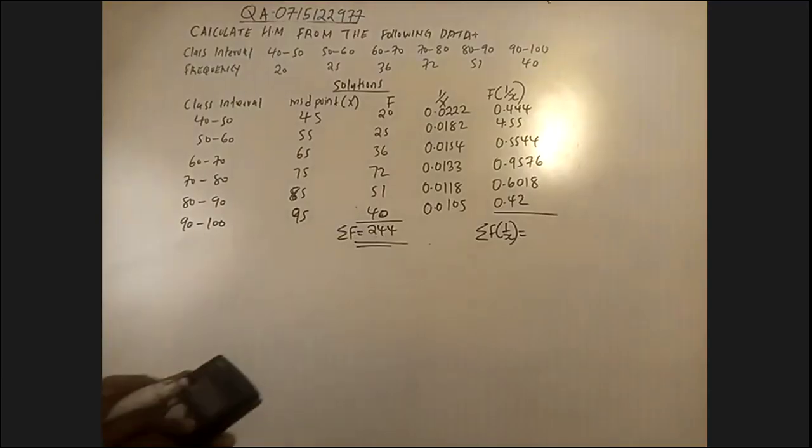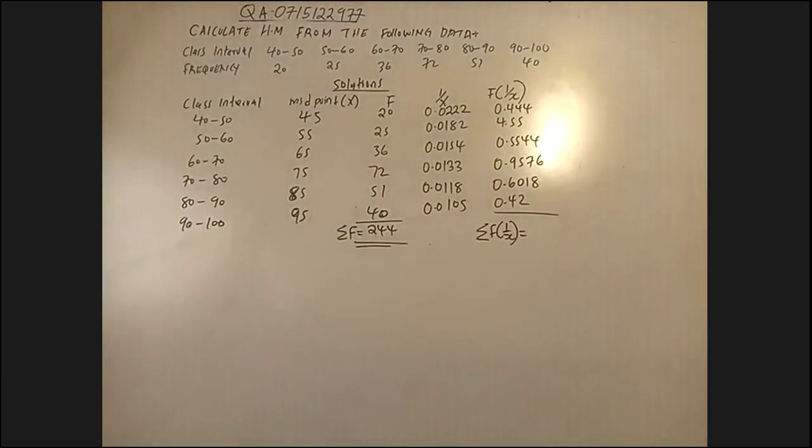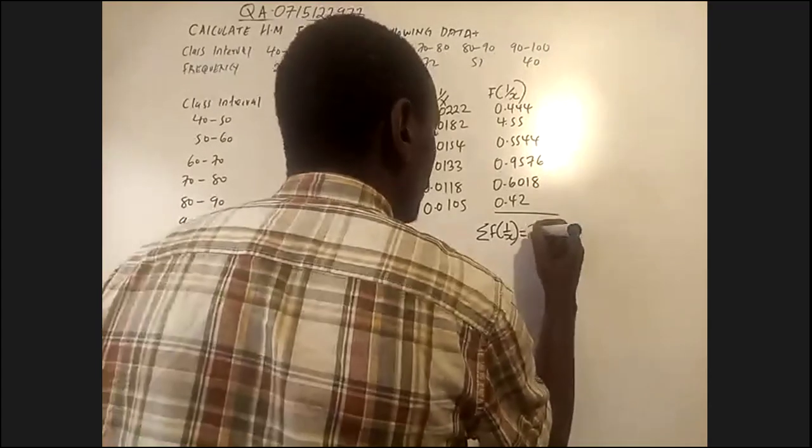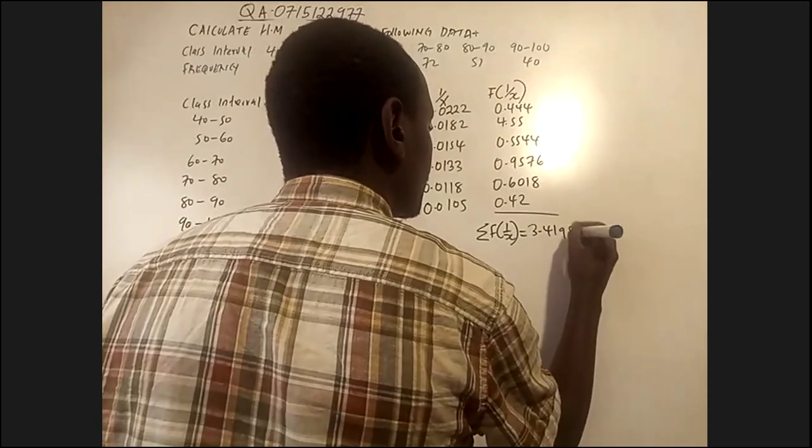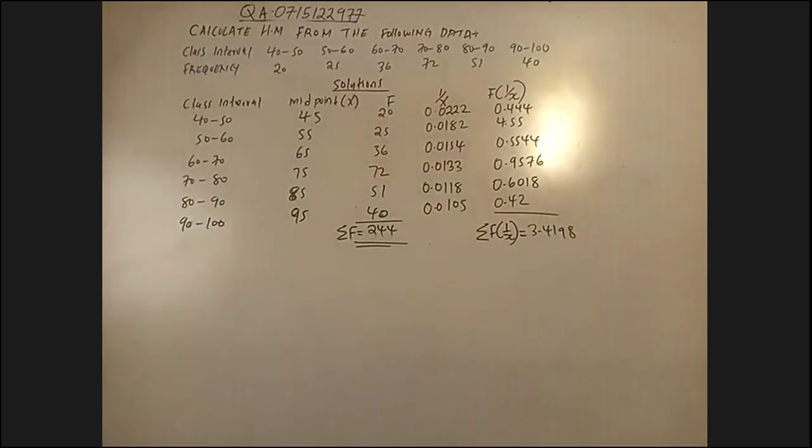Total? 3.4198. Yes? 3.4198. Does everyone get it like that? Still confirming.